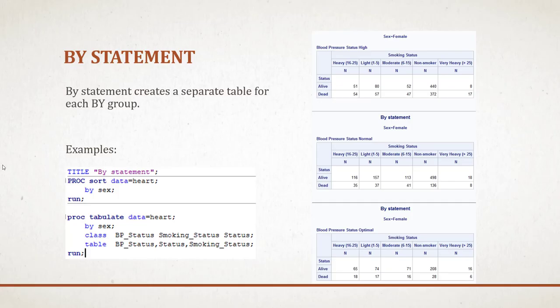Again, here in the PowerPoint, we can see the 3 different tables for female compared together. Again, the overall structure of each of the 3 tables is the same. What changes between the 3 tables is the different blood pressure statuses, and then within each of those blood pressure statuses, we can see smoking status and overall status.